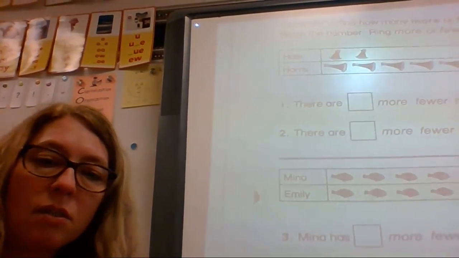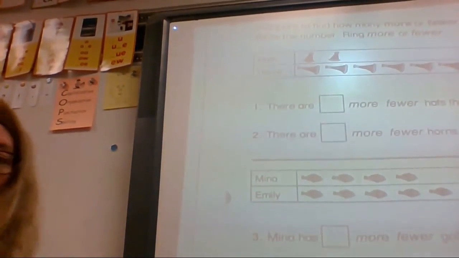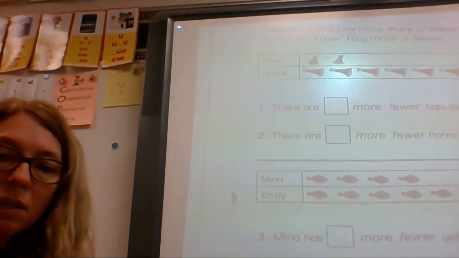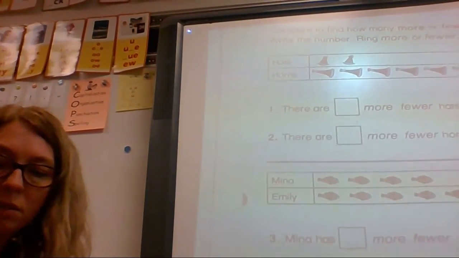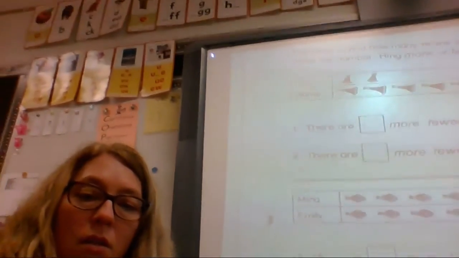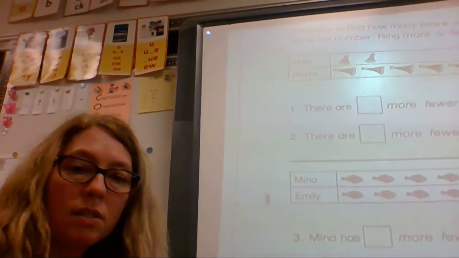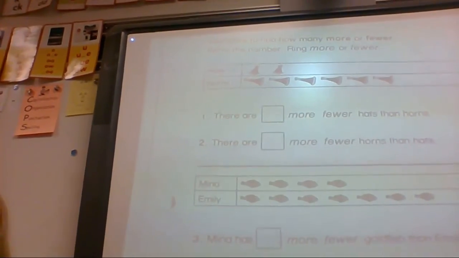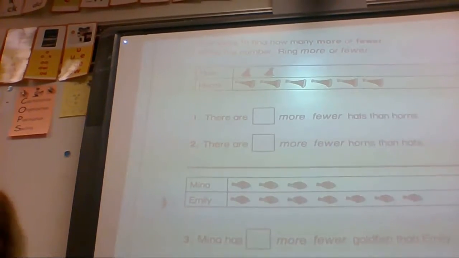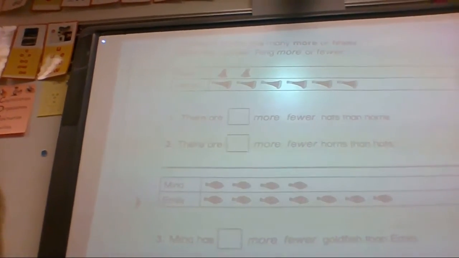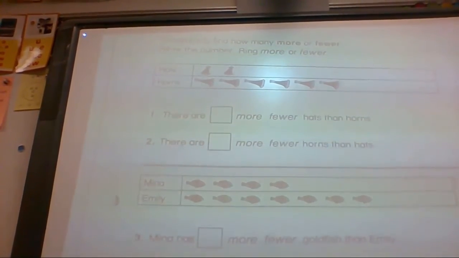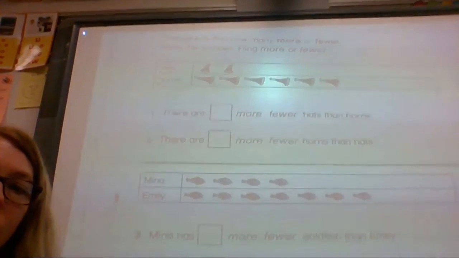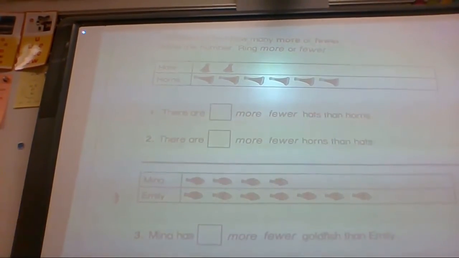Let me move this up. That's not working as well as I'd hoped. I'm going to move it this way. Okay, so I might not be able to be in the picture very much. I'll do my best. Okay, so do your best to listen along if you can't see this very well.